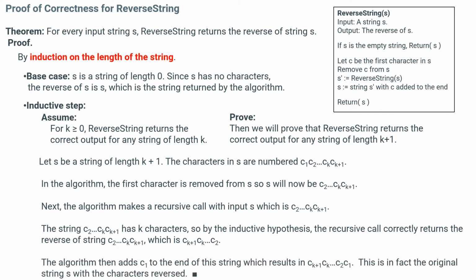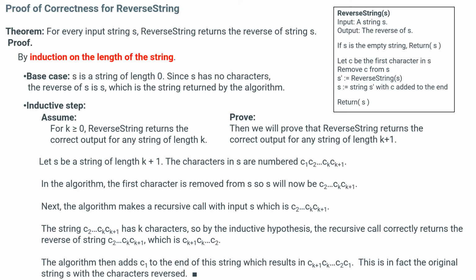But then remember what ends up happening in this algorithm. After something is returned, it says that S becomes what got returned, but we add that character that got taken away to the end. So after we got that return, C sub k plus 1 all the way down to C sub 2, the algorithm would add C sub 1, that one character that originally got taken out.